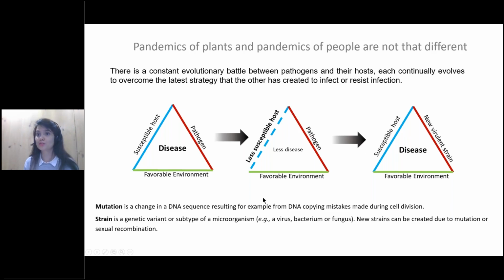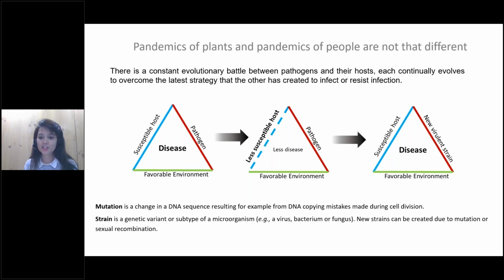that are able to infect the resistant host. By definition, a strain is a genetic variation that is created by sexual recombination or mutation. A mutation is a change in the DNA sequence that in that case could be beneficial to the pathogen.